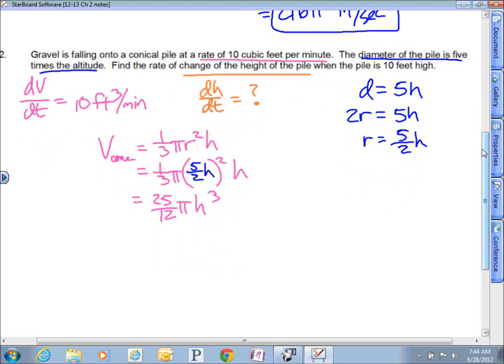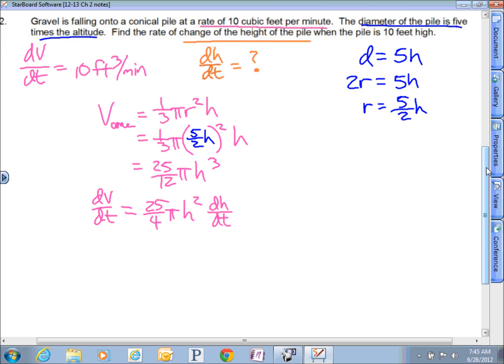So now you've got an equation that has all h's in it. We go to take our derivative, so now our derivative, our dV/dt that we were given. So 3 times 25 over 12 would be 25 over 4 pi h squared, and remember h is a function of time, so a little chain rule, dh/dt. Now it's our substitution. We're done with the calculus, now it's substitution. Start plugging stuff in. We were given that the dV/dt is 10 cubic feet per minute.